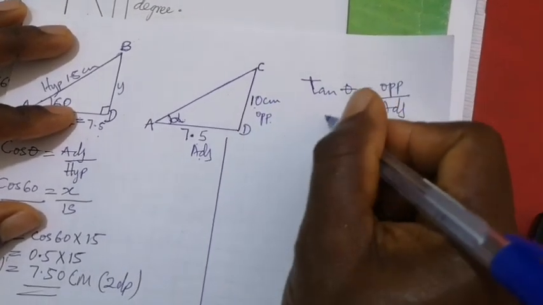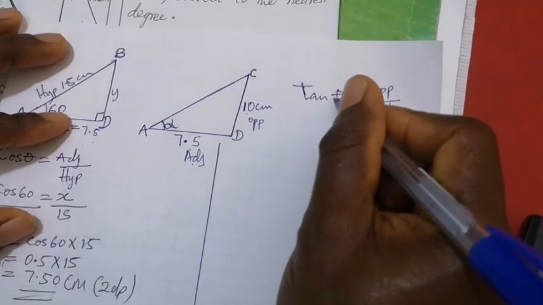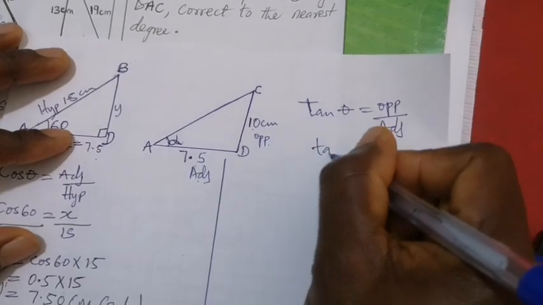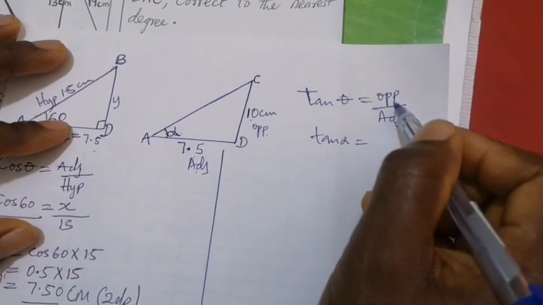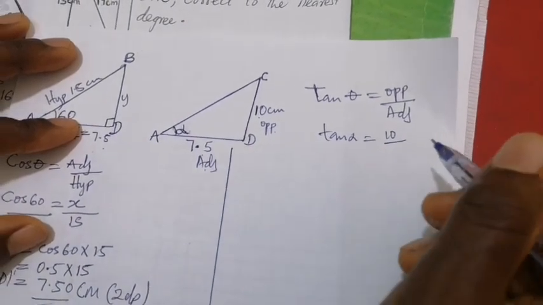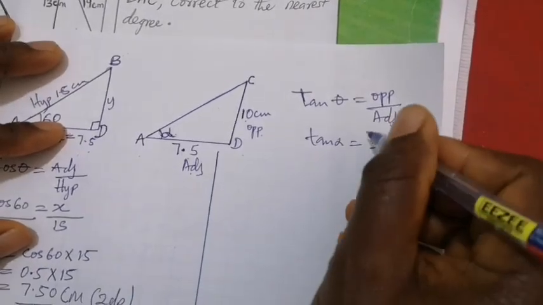Okay, now our theta is labeled here as alpha, so we say tan alpha is equal to our opposite, which is 10, all over our adjacent, which is AD, which is 7.5.